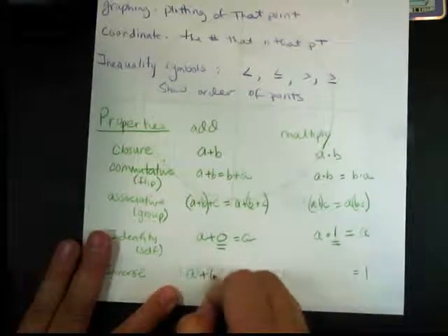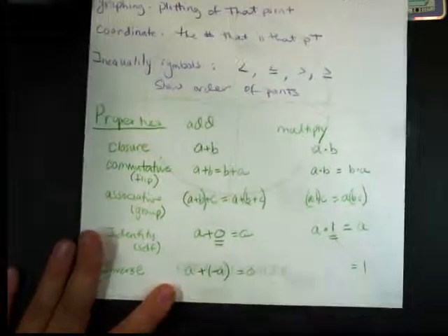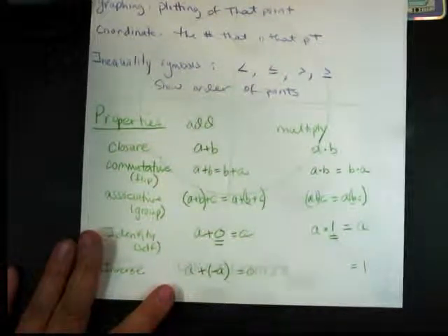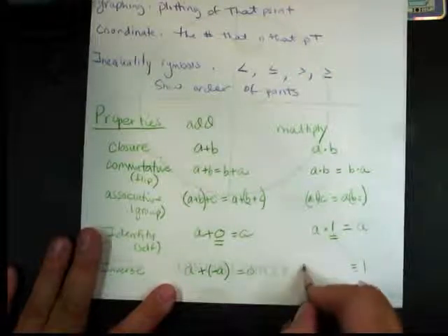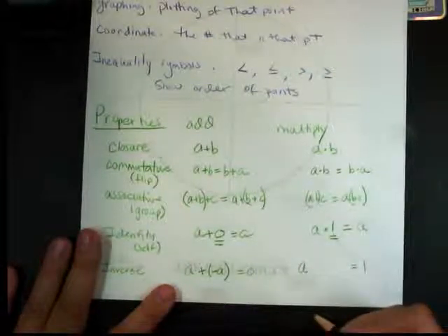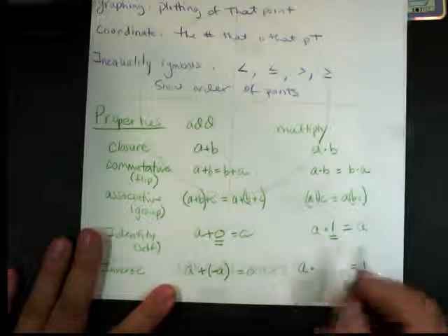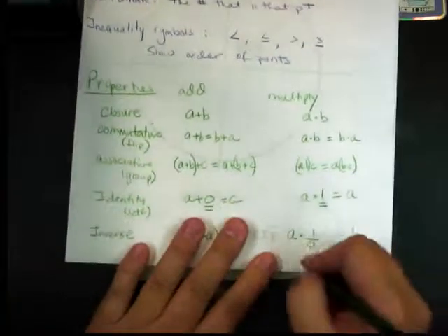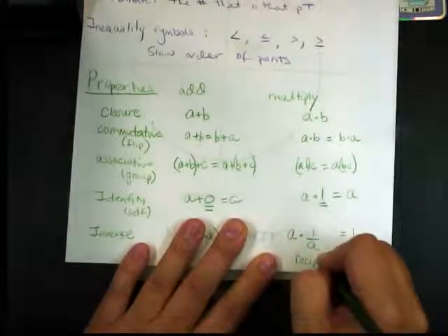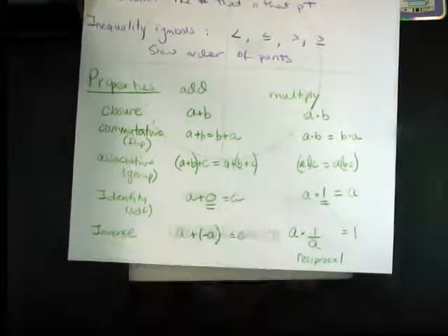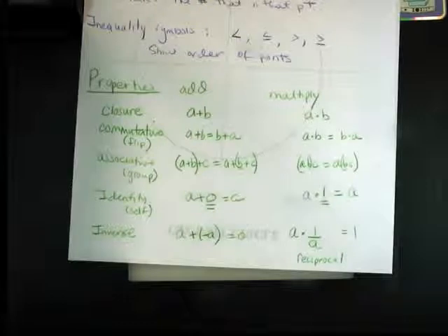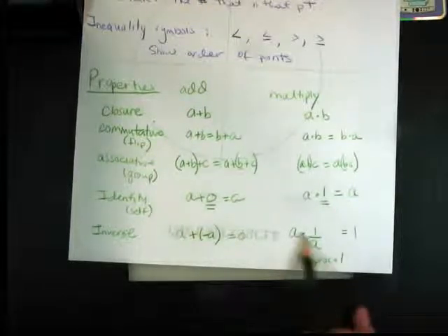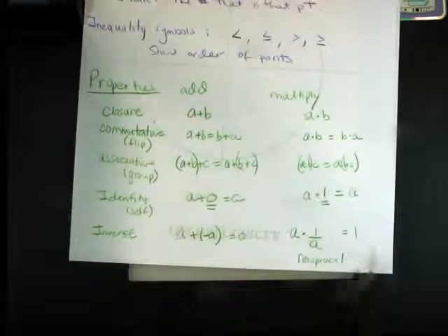Well, I add its negative or add its opposite. When I'm multiplying, I have to multiply by its reciprocal. The reciprocal is to flip the term that you have, and that allows that to cancel, leaving just the 1.